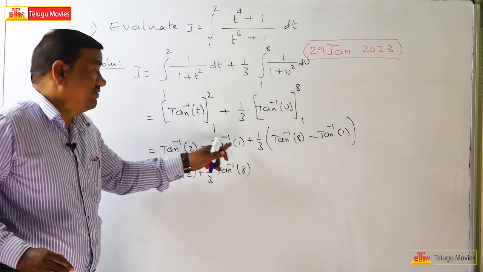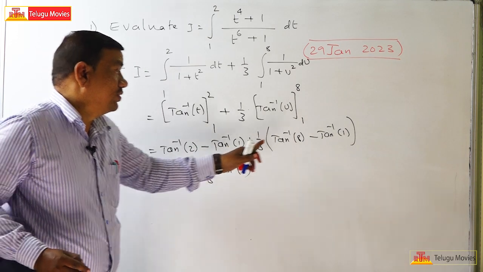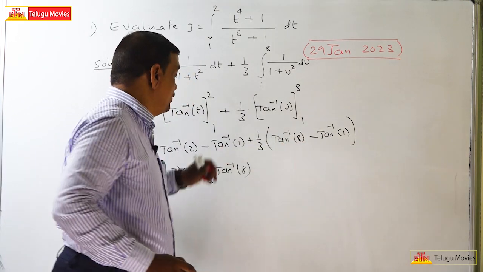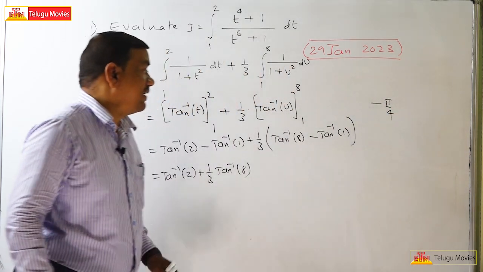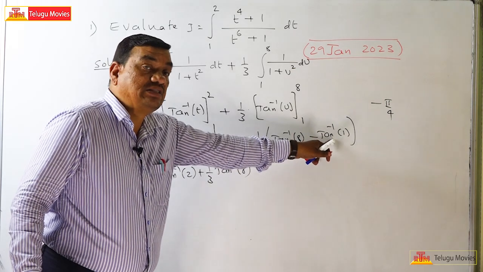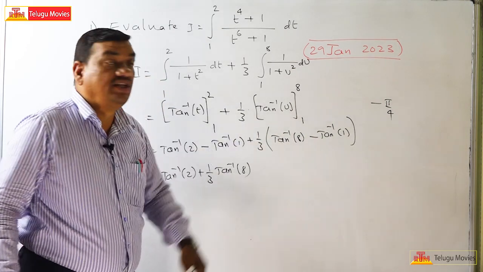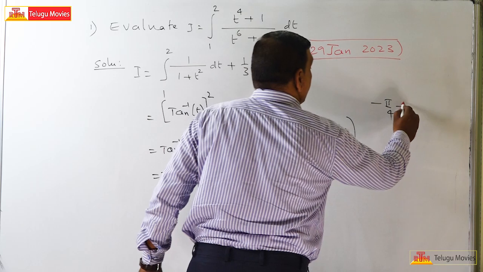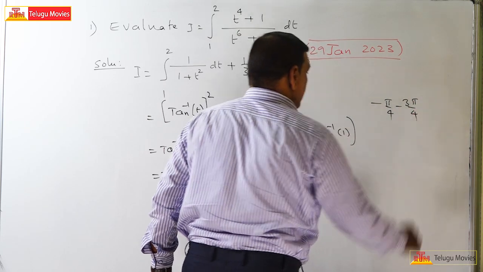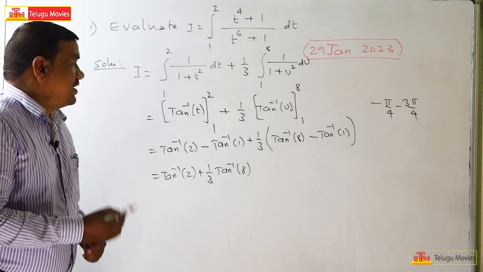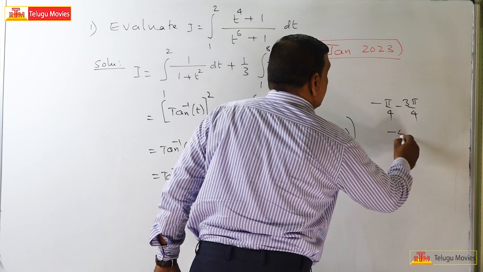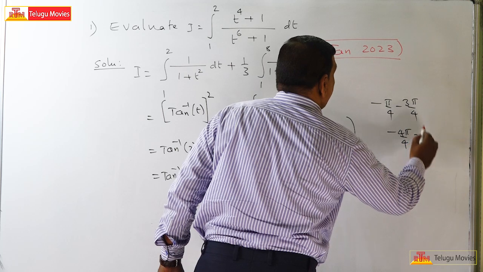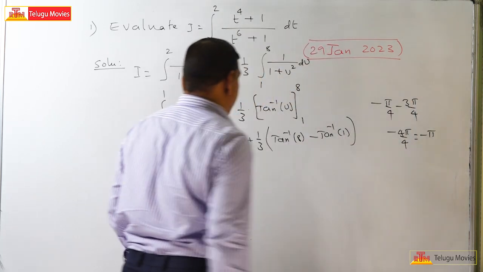See here, tan inverse of 1 means pi by 4, so minus pi by 4, and here also minus pi by 4 but with the 3 there, minus 3 pi by 4. So minus pi by 4 minus 3 pi by 4 is minus 4 pi by 4, that is equal to minus pi.